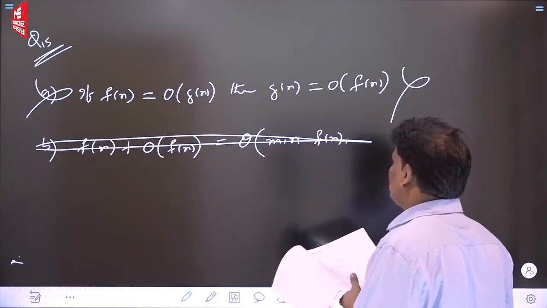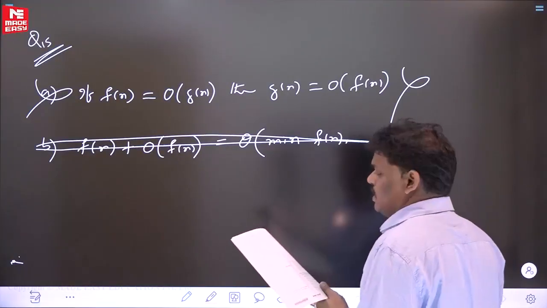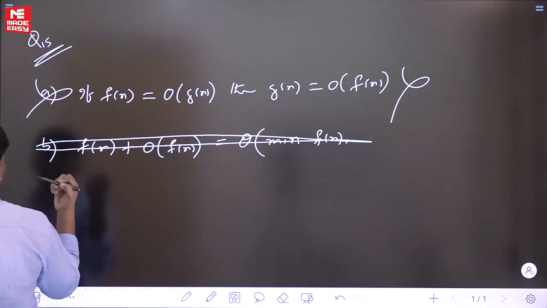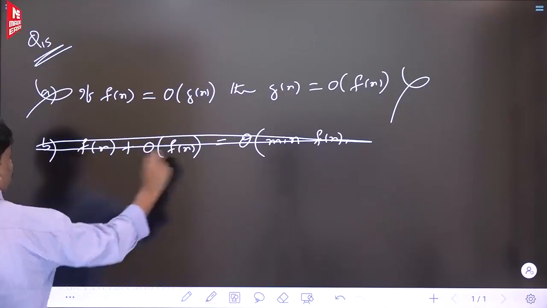From where g of n came, we don't know. I think something is wrong with option B, so leave it. It is not a problem with you or with me, there is some problem with option B.